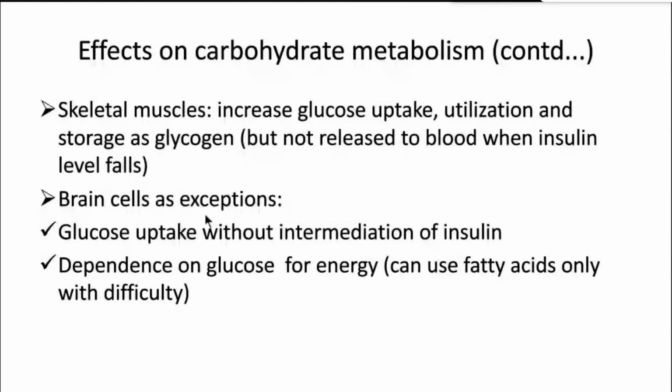Regarding the brain cells, we have mentioned glucose uptake without intermediation of insulin, which means insulin is not the major factor regulating glucose uptake by brain cells. And brain cells depend on glucose for energy. Many of the other tissues, with some exceptions like the retinal epithelium and the gonad cells, and the majority of others, depend on different types of nutrients.